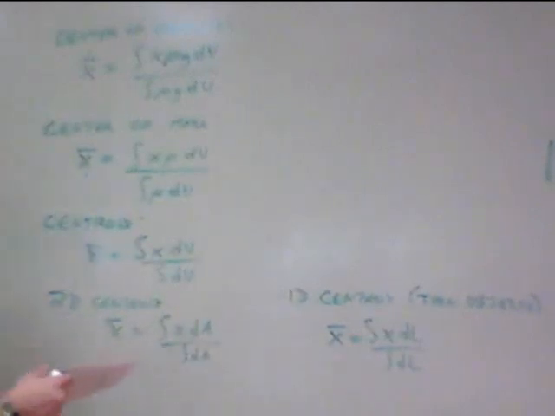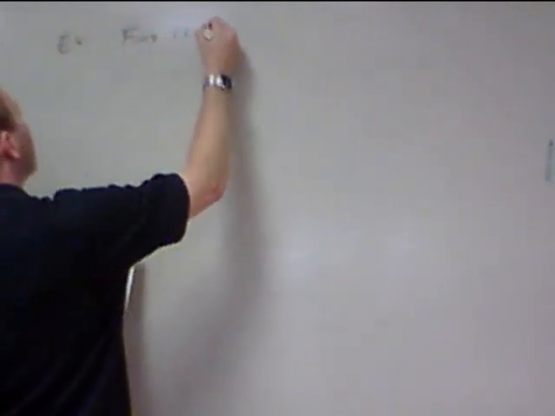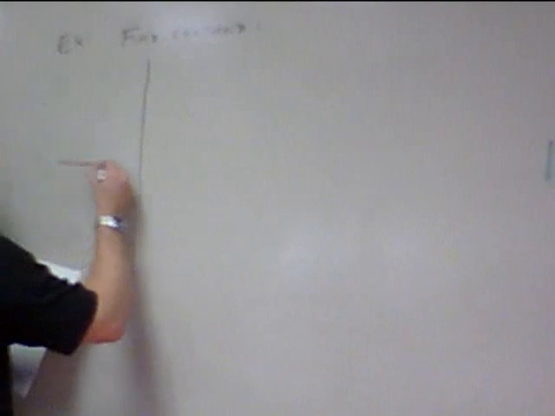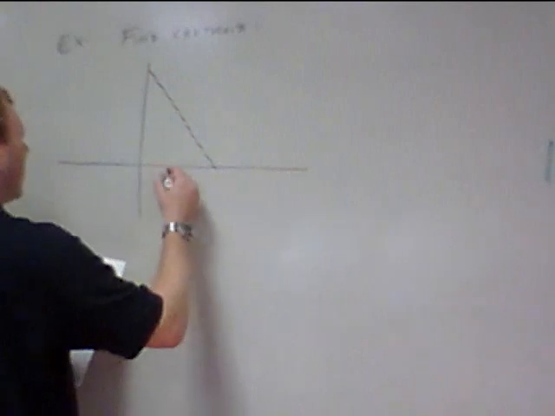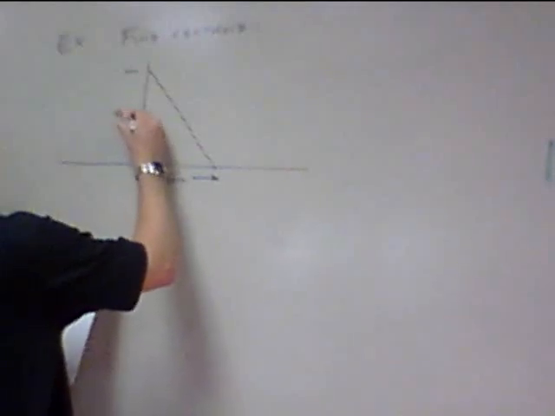So we'll take a simple example here of one that we could probably already do, just to take you through the process and show how this works and some of the difficulties that come out of it. So we'll take a rectangular solid here that has a base of 6 meters and a height of 9 meters.